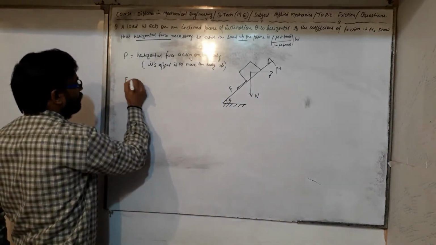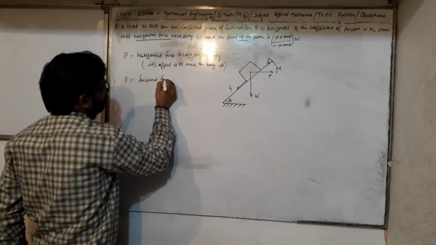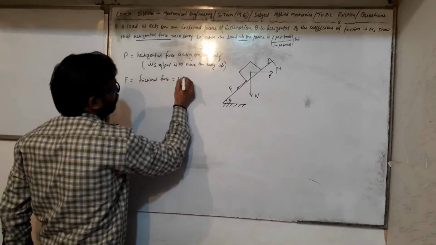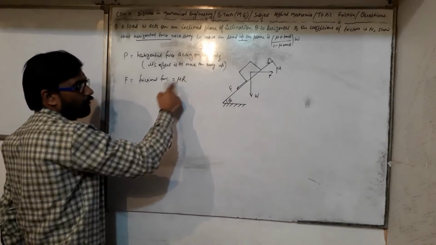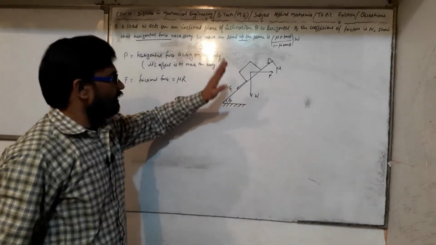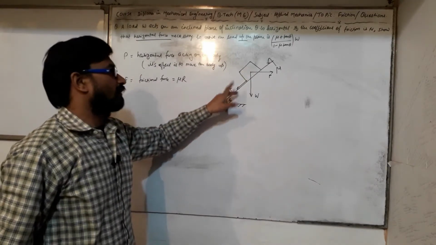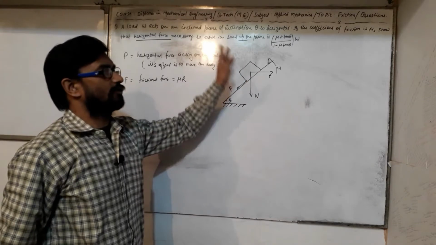So F is the frictional force, whose value is nothing but mu times the normal reaction. Where will the normal reaction act? Normal reaction is the reaction force applied by the inclined plane on the body, perpendicular to it.